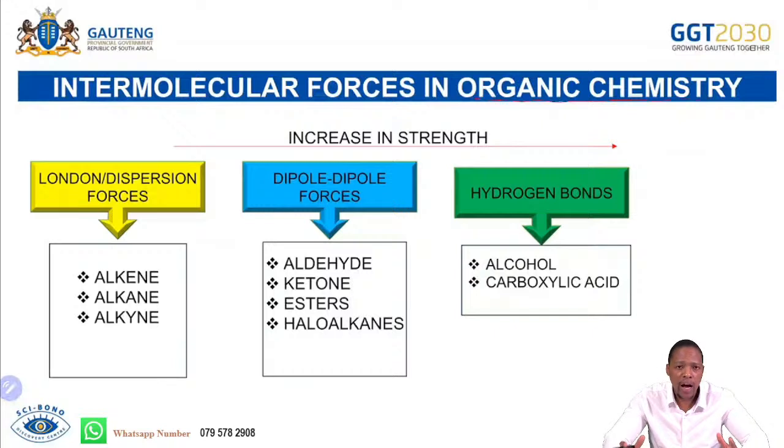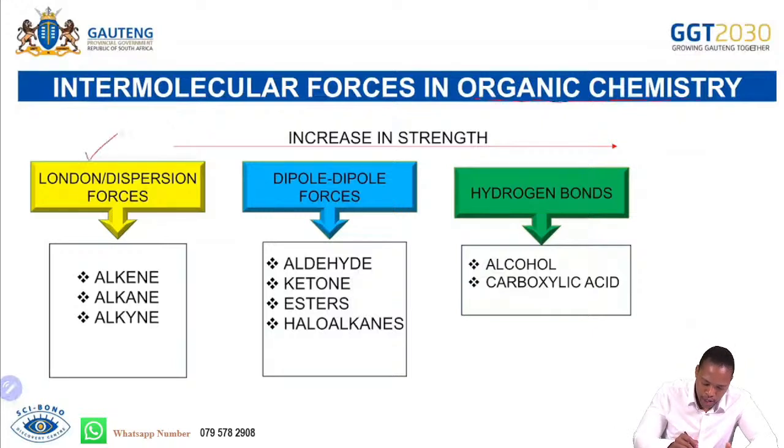What I want you to know is that the intermolecular forces are called van der Waals forces, and under van der Waals forces you will have London forces, dipole forces, and hydrogen bonding. But we're going to take a shortcut and say we have 3 types of intermolecular forces.